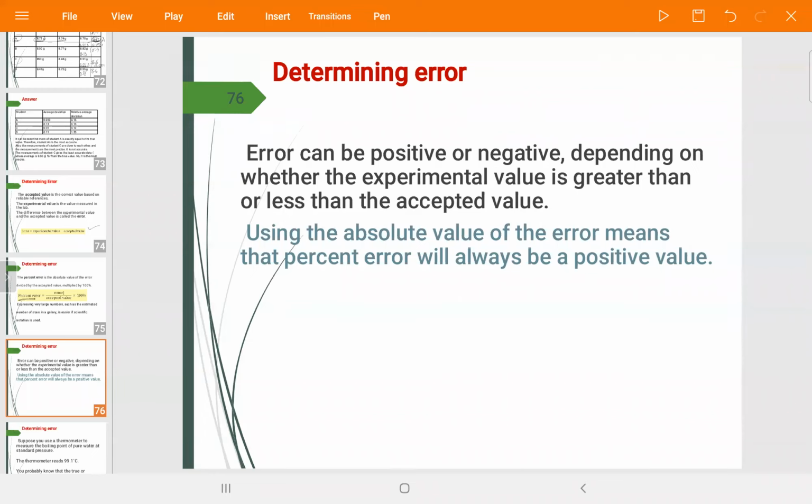Now, when you calculate the percent error, you take the absolute value of error divided by the accepted value times 100%. So this is how you can determine percent error and error.